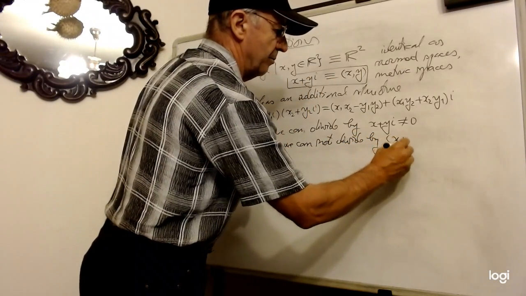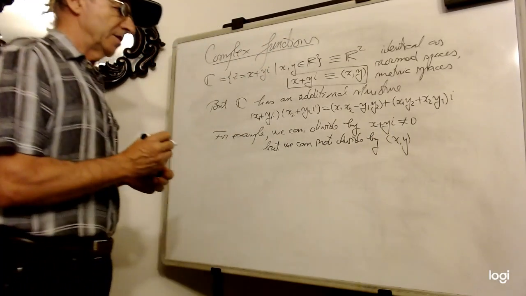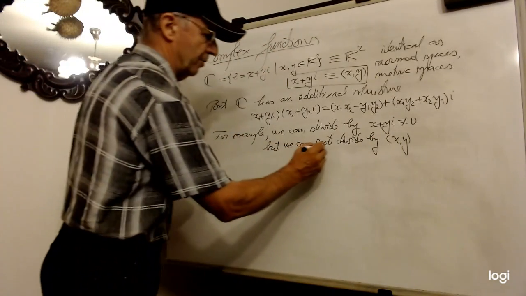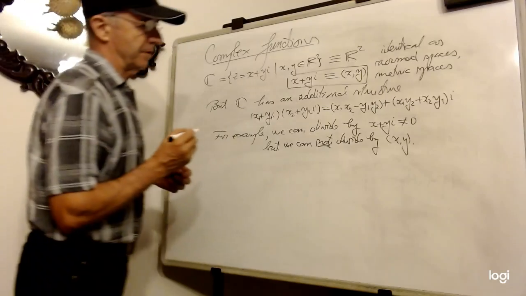The division by a vector is not defined. We cannot divide by a vector.